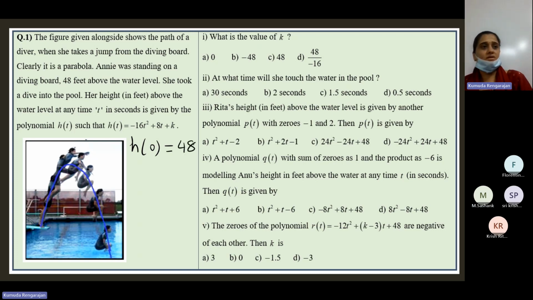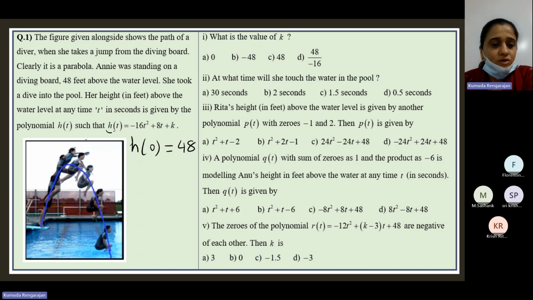This is what we need to understand. h of t represents Annie's parabola, so when you take t as 0, the answer should be her height at 0 seconds, and at 0 seconds her height is 48. So you should write h of 0 is equal to 48.